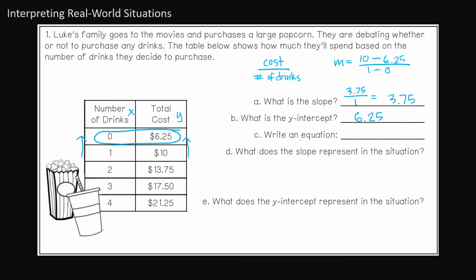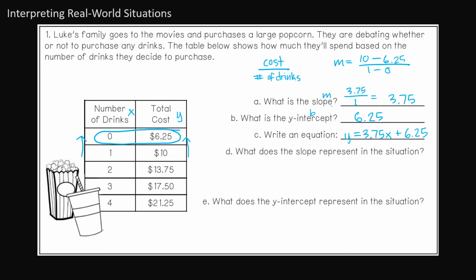And so when we write the equation, we're going to put this information together. Slope is m, y-intercept is b. The equation would be y equals 3.75x plus 6.25.